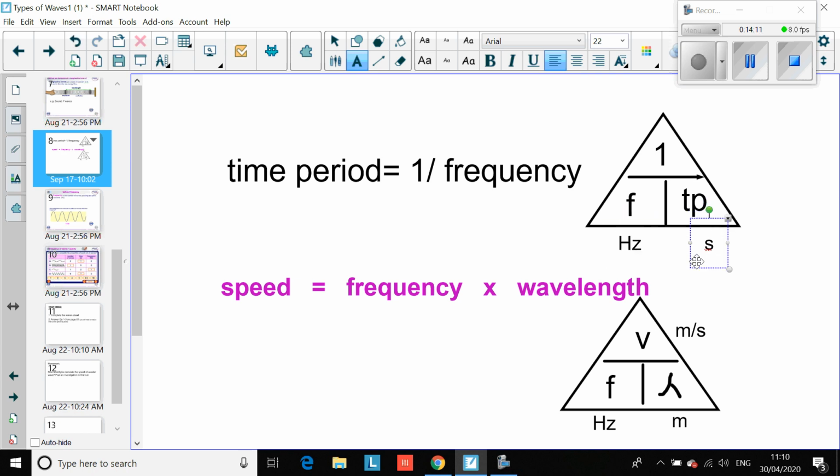So you can see we could actually combine these two equations. So I could, for example, ask you to calculate the velocity of a wave with a wavelength of, let's just say, 1.2 meters. Okay, I could ask you to work out what is the velocity of the wave.